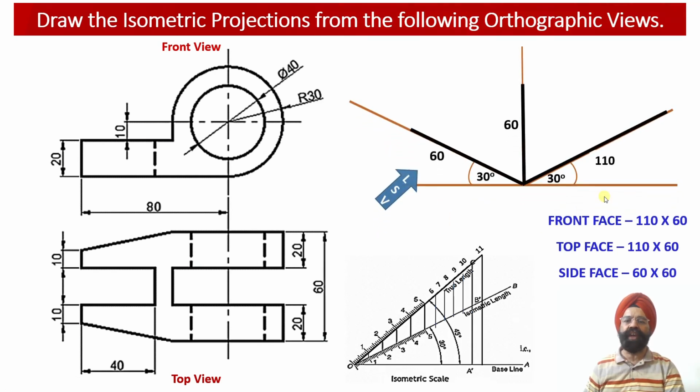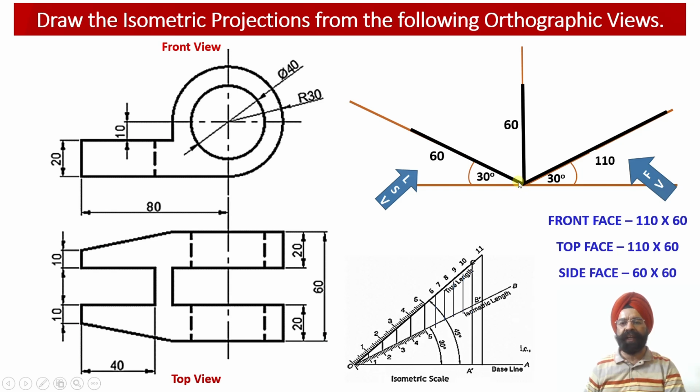So let us now evaluate on which side of the isometric axis we are going to obtain the front view face, the left hand side view face, and the top view face. Here we have three isometric axes. This is our datum line or the ground line. Now we have to take a center point.